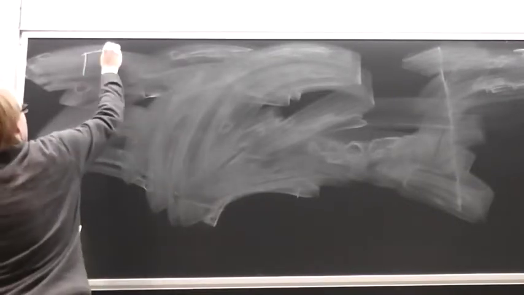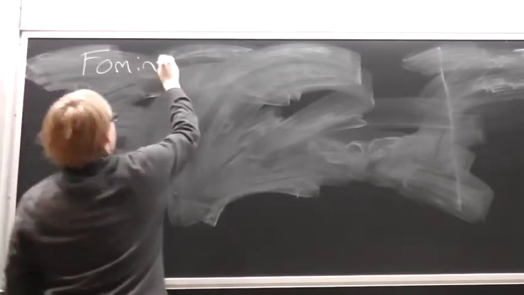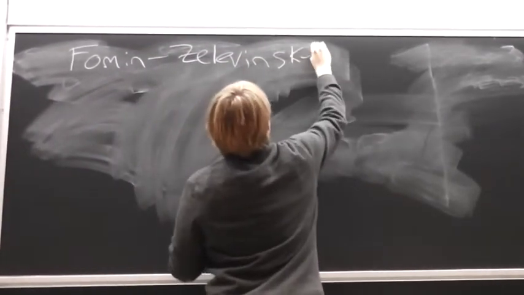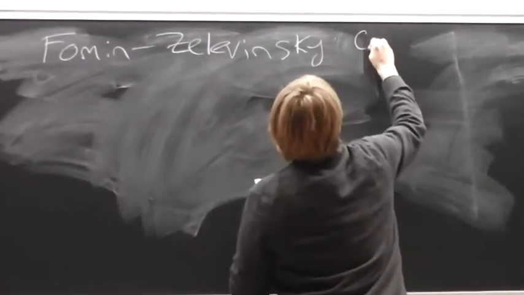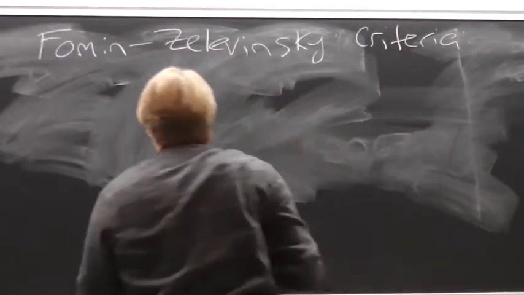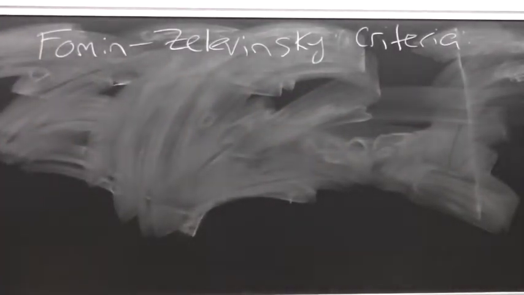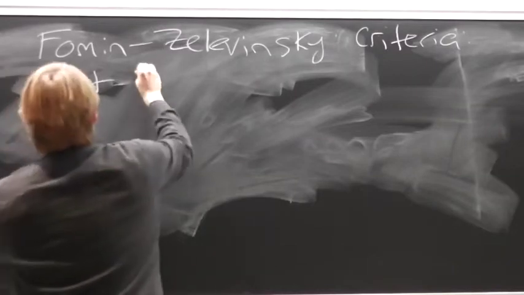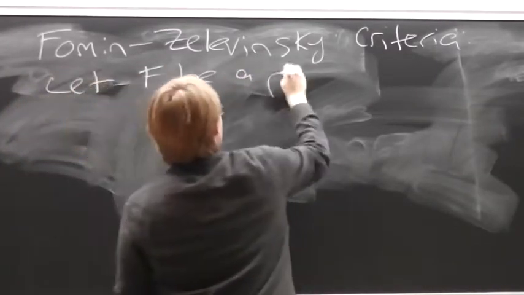There's a very nice algorithm for churning out proofs, basically, and so Fomin and Zelevinsky came up with criteria which are sufficient, but I don't think they're necessary, for showing that our sequences have the Laurent phenomenon.